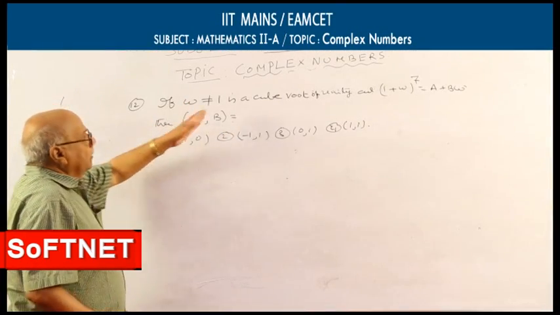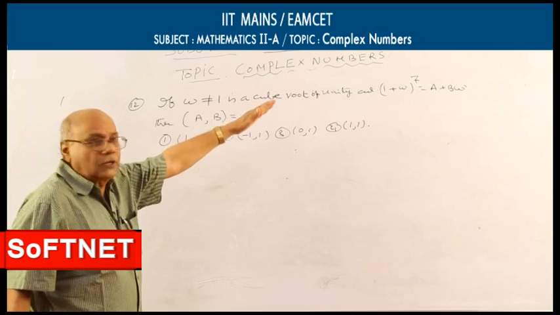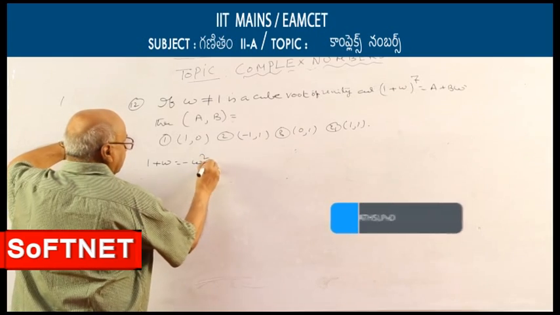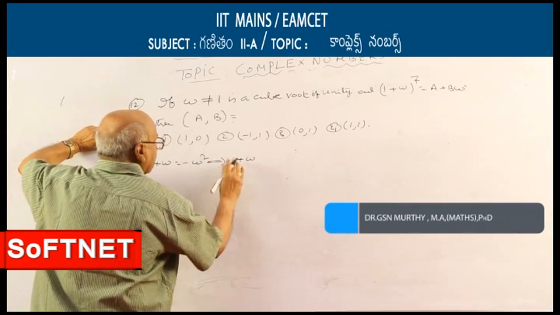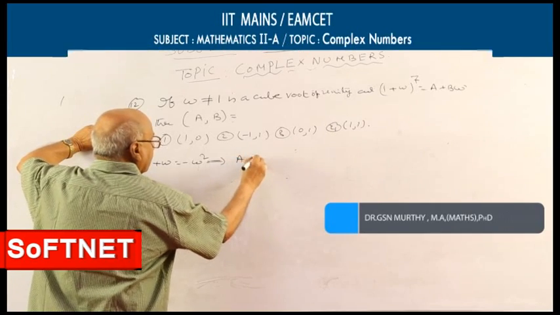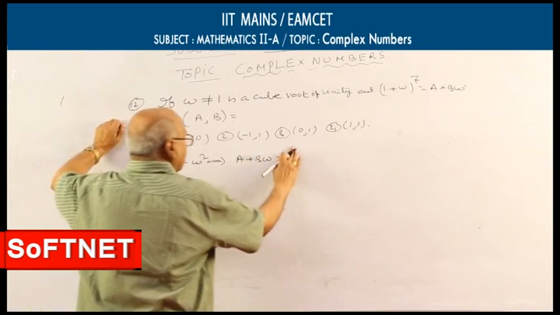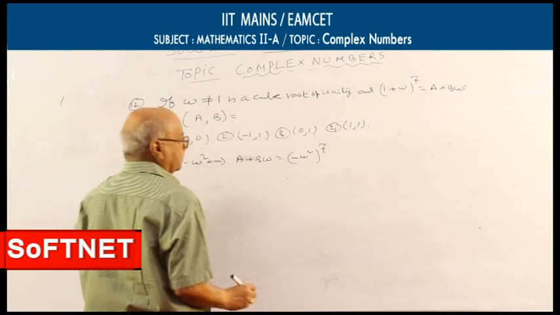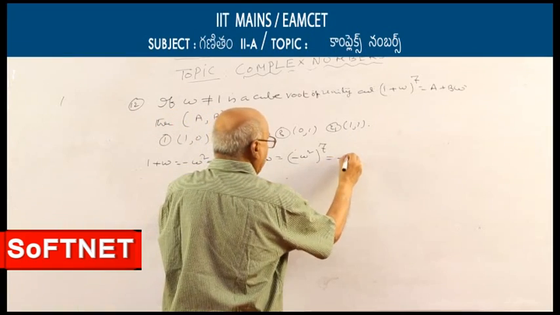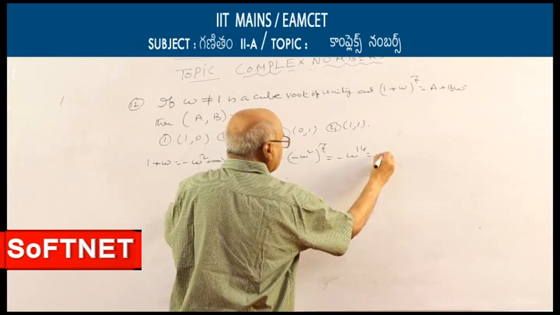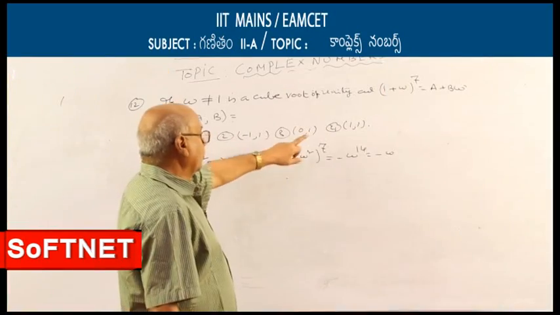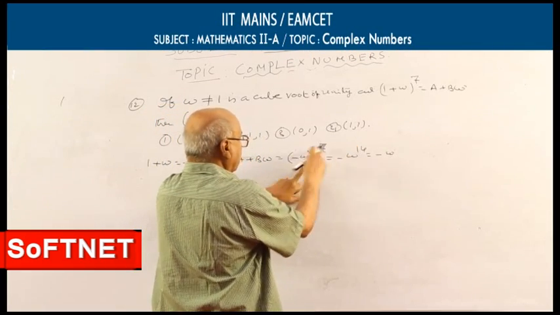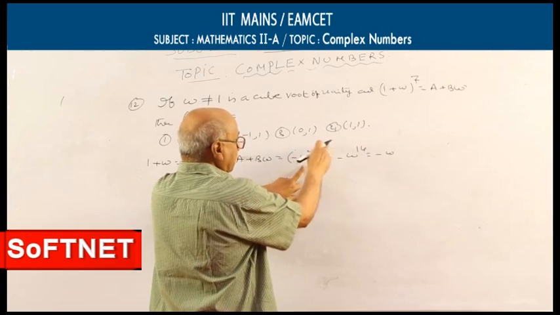Right. And again we use the property of cube roots of unity. Now 1 plus omega is equal to minus omega square, which implies 1 plus omega power 7 is a plus b omega is equal to minus omega square whole power 7. So which is minus omega power 14, because minus of an odd power is minus.